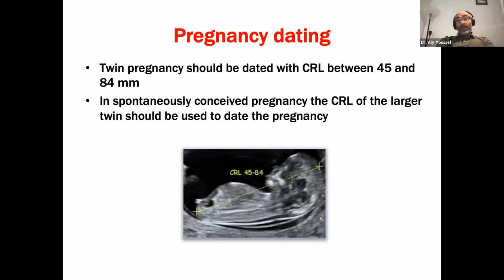Sometimes we can have a discrepancy between the crown-rump length of the fetuses in twin pregnancy. So in that case, which fetus should we use to date the pregnancy?